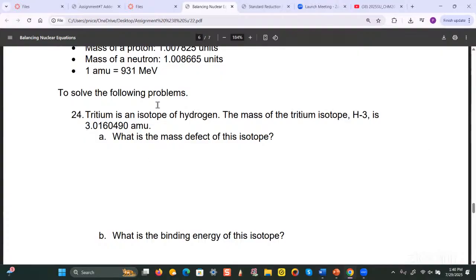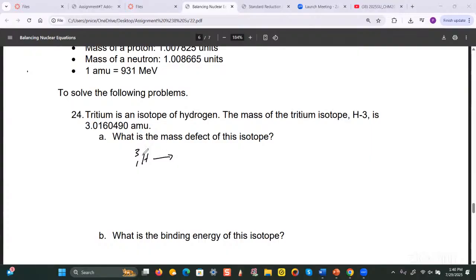The mass defect, of course, is the total mass of the particles minus the mass of the nucleus itself. So the way I would go about solving this is write down the equation for breaking up the tritium, which is 3,1H, into its constituent particles.